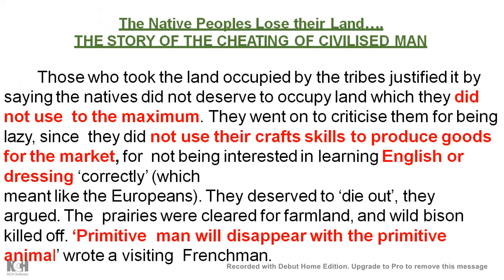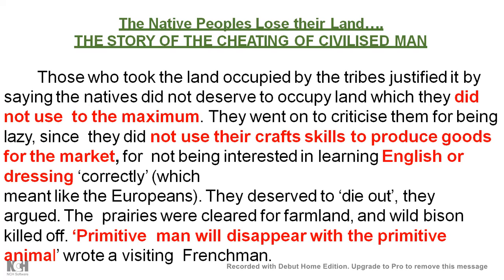Now, those who took the land occupied by the tribes justified it by saying the natives did not deserve to occupy the land which they did not use to the maximum, because the native people had no knowledge of how to use the land fully. So they had no right to occupy the land. They went on to criticize them for being lazy.